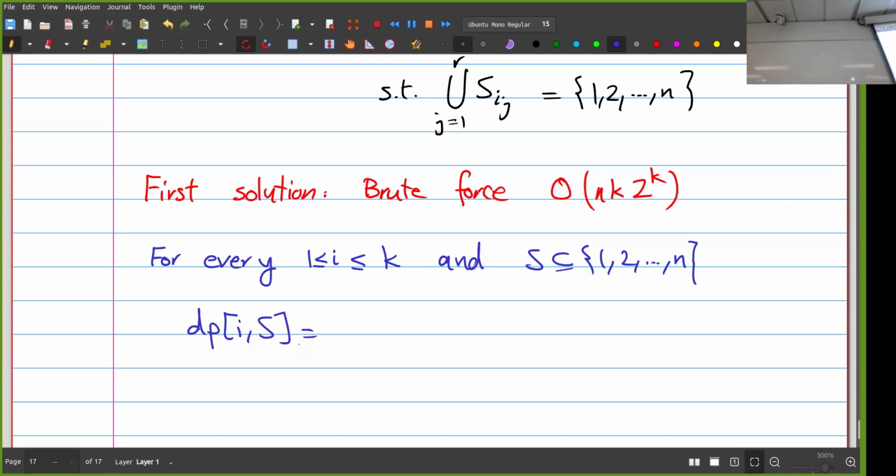So I can only choose S1, S2 to Si. And if I have to cover S, I don't have to cover everything. I just have to cover this one. Okay. I'm not going to write it because we don't have time. But how do you calculate this?